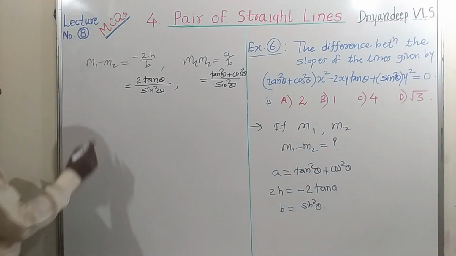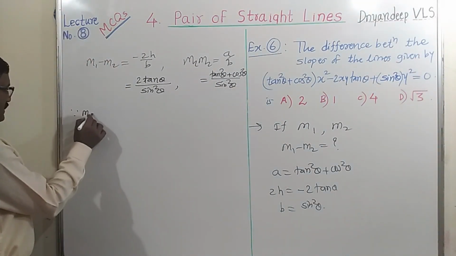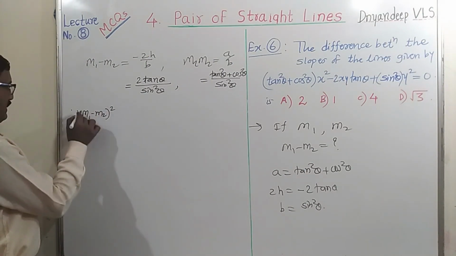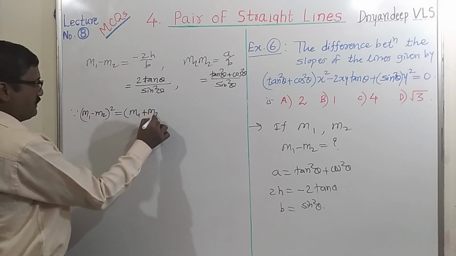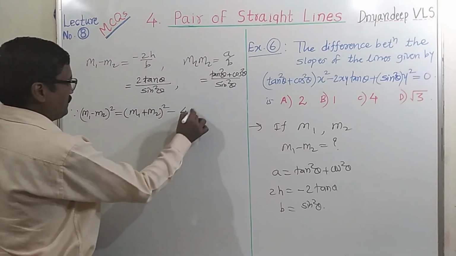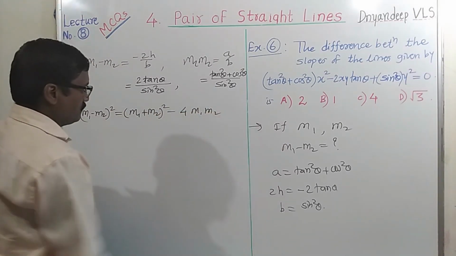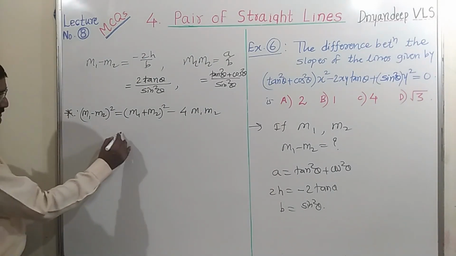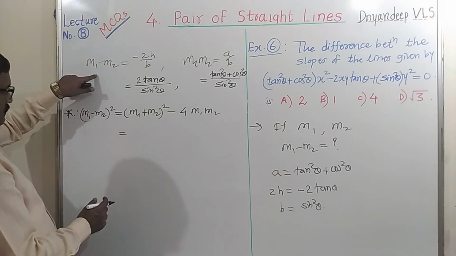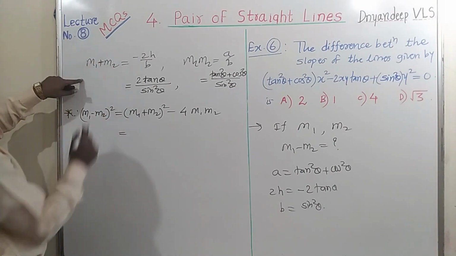Okay, now since we know that (m1 minus m2)^2 is equal to (m1 plus m2)^2 minus 4 times m1 m2. This identity is very much important. Okay, so put values of m1 plus m2.